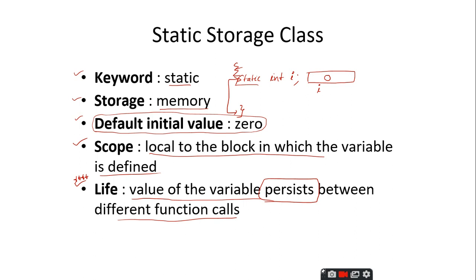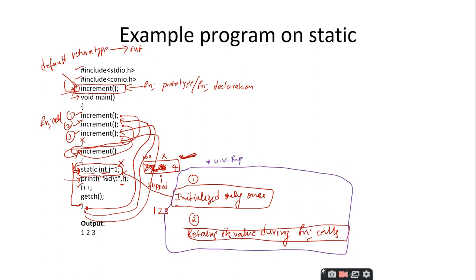Storage is within the primary memory, default initial value is 0, and scope is within the block, but the life persists its value between the function calls. This program we have seen, a very important point. The static variables are initialized only once, and they also retain their value during function calls. These 2 important points you should keep in mind regarding static.